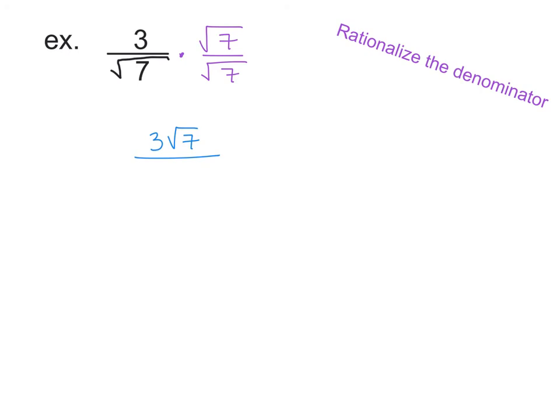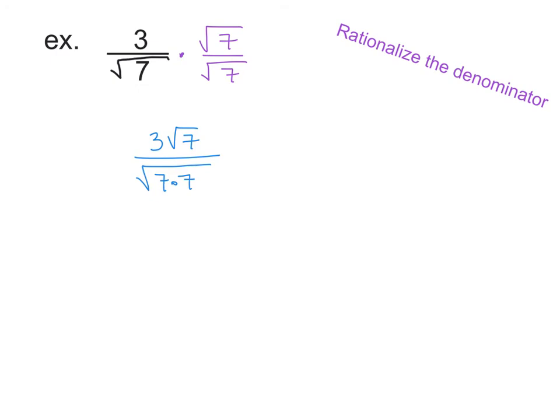So let's go ahead and finish the what, and then we'll go back to the why. So I am multiplying by the square root of 7 over the square root of 7. When I multiply the top times the top, I get 3 root 7. When I multiply the bottom times the bottom, and maybe this will explain the why, I get the square root of 7 times 7.